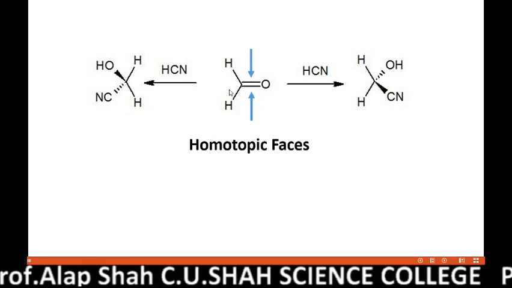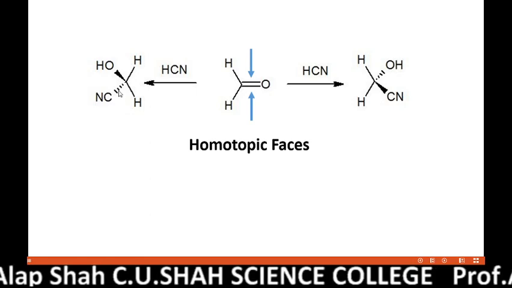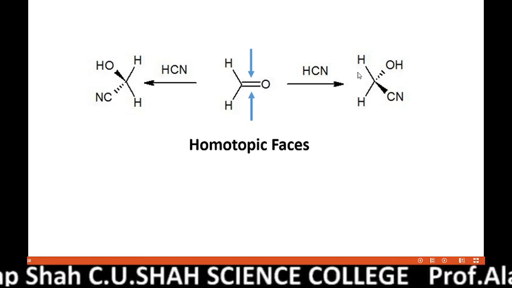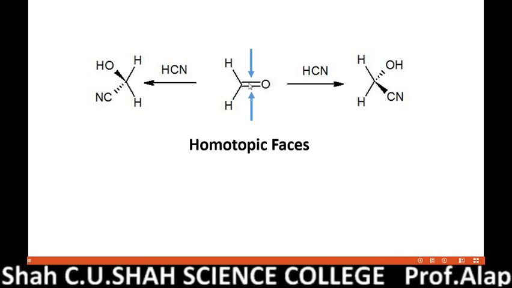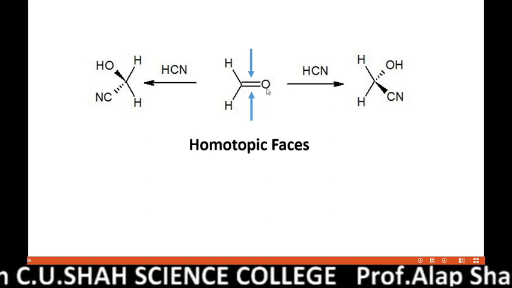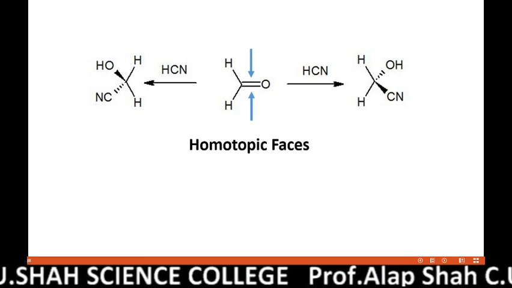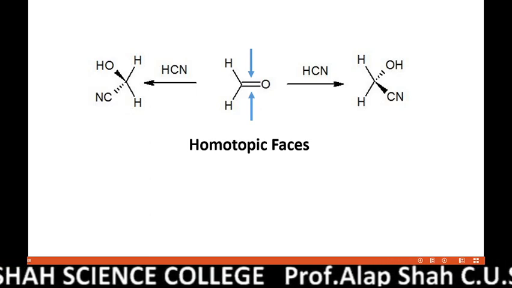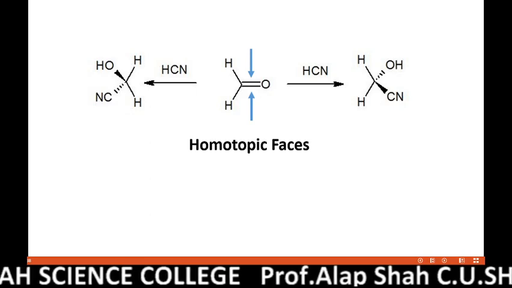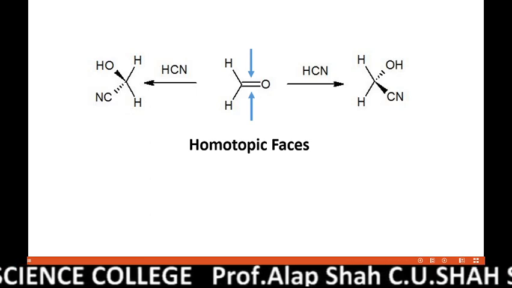Because these two hydrogens are the same, we get the same product. So in this molecule, the nucleophile attacks this carbonyl bond from either side, but we get the same product. That's why it is called homotopic faces in this example.